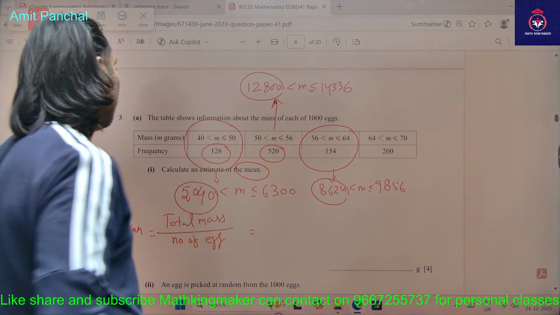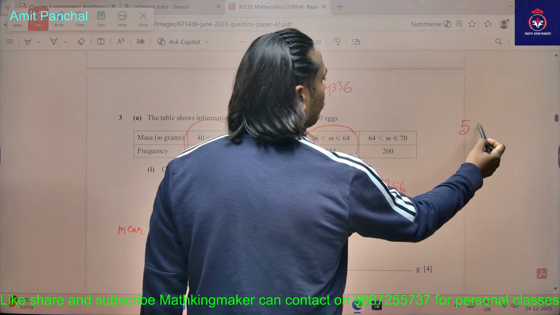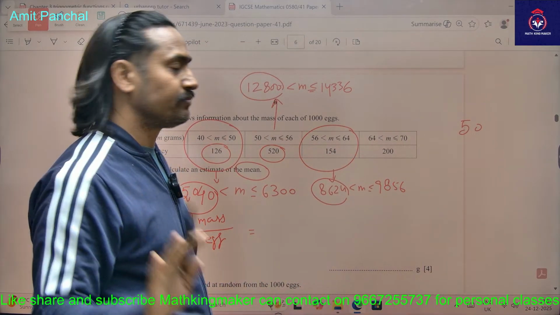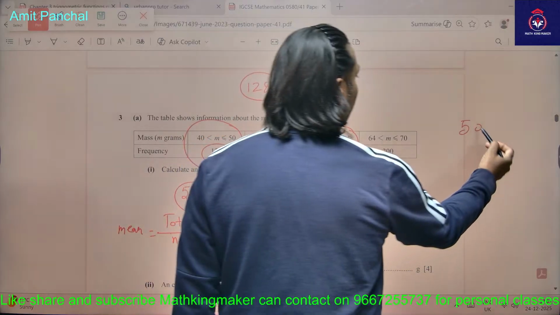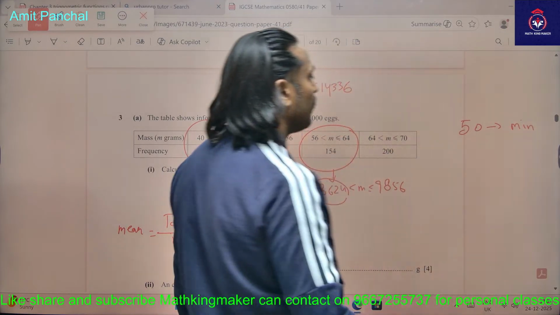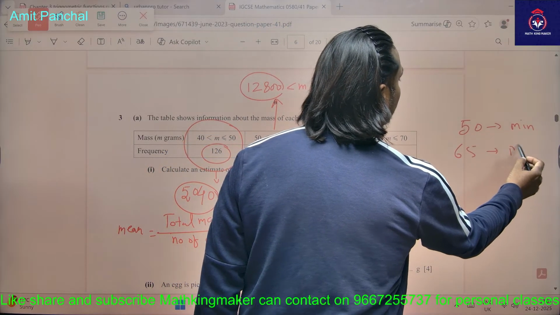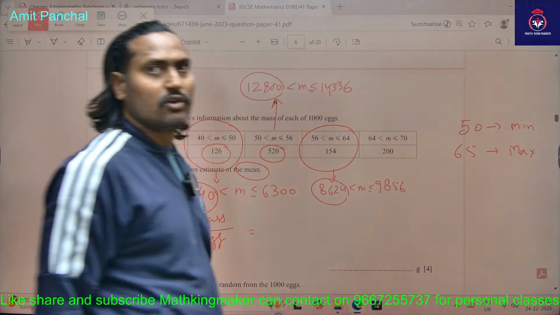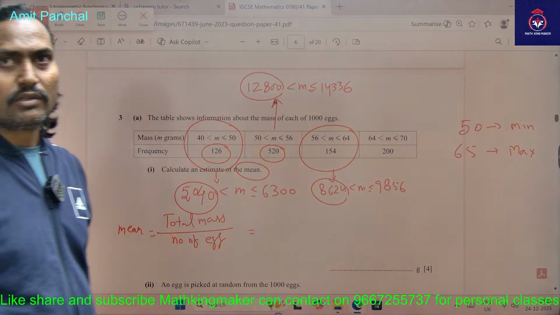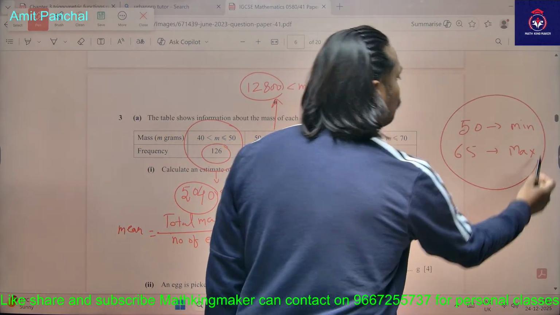Let us say for an example, if you are getting 50 as minimum and 65 as maximum, now you take again the mean of these two.